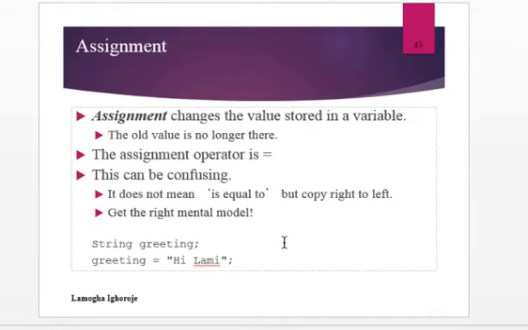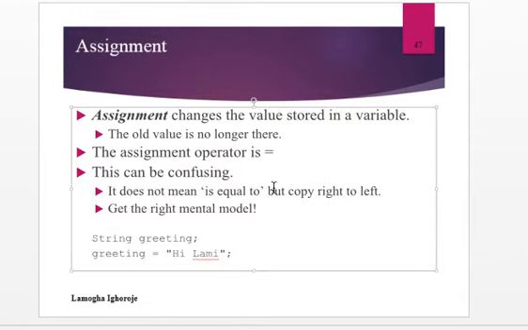And like I said, when you put an equal to sign, you're changing whatever the value is in the box. Say I defined a variable called greeting, and it has the string type.